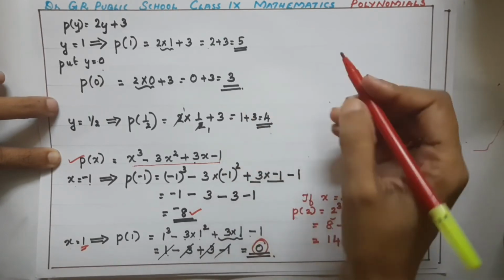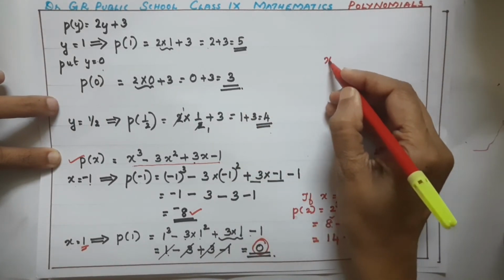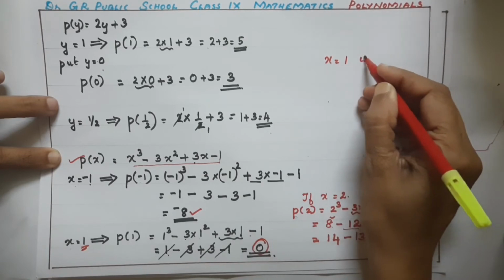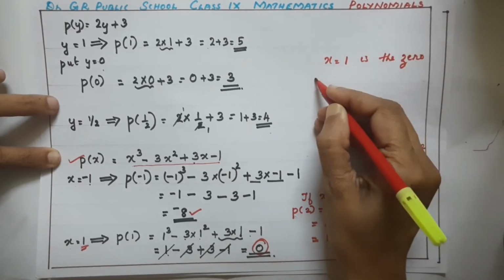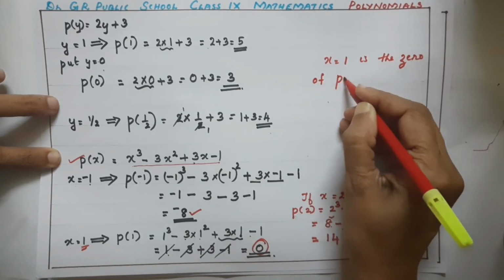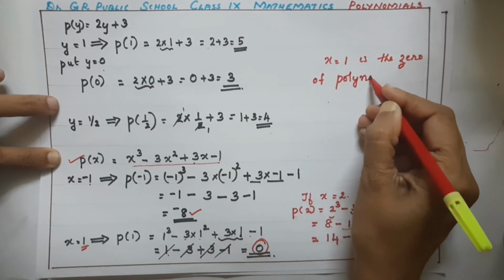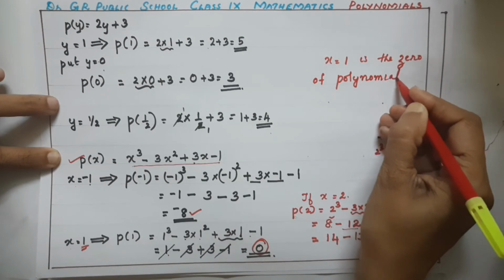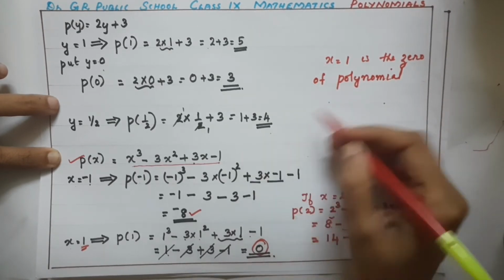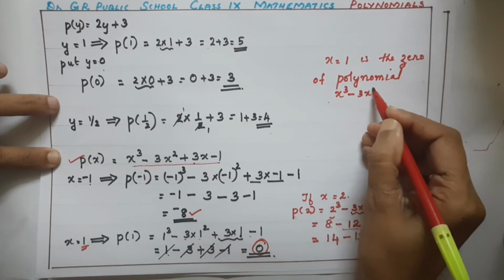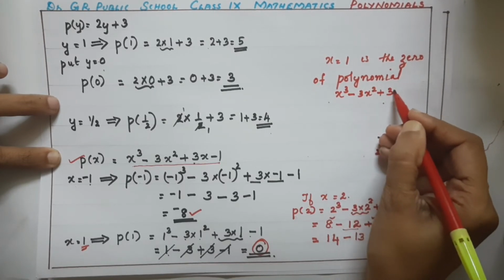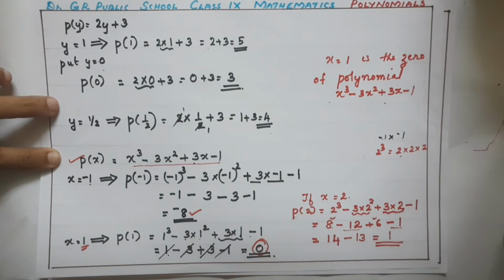So, what can we say? x equal to 1 is a zero of the polynomial. What is your polynomial? x cube minus 3x square plus 3x minus 1.